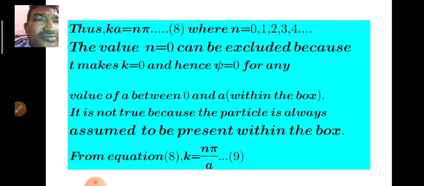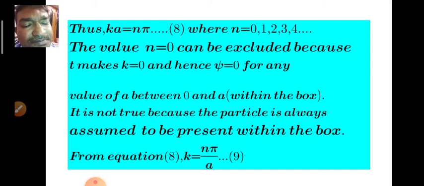The value n equal to 0 can be excluded, because that makes k equal to 0 and hence psi is equal to 0 for any value between 0 and a. So if we take n is equal to 0, psi becomes 0 even inside the box, which means there is no meaning in the existence of the particle in the limits x is equal to 0 to x is equal to a.